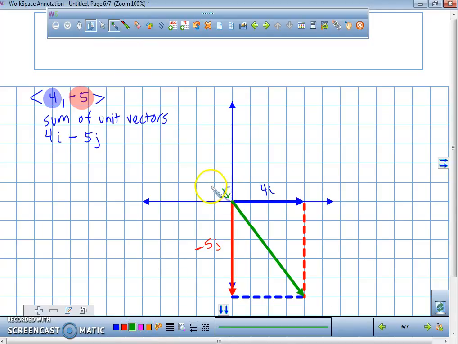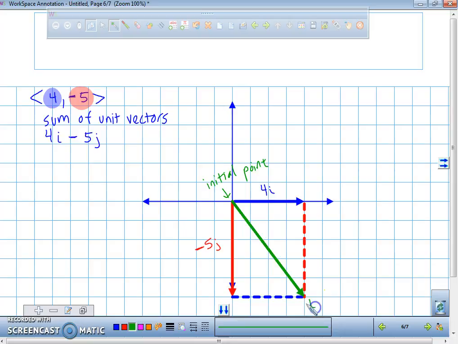So this point right here is called your initial point. And this point right here is called your terminal point. And once again, how do we find the magnitude from here to here? We're basically using the Pythagorean theorem, aren't we?